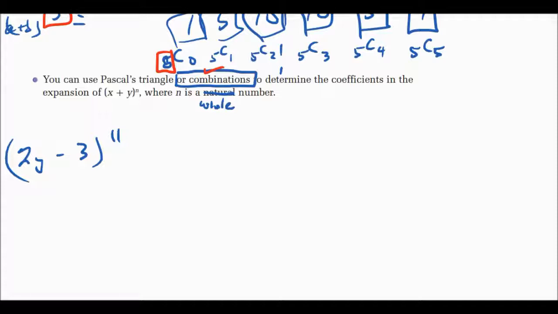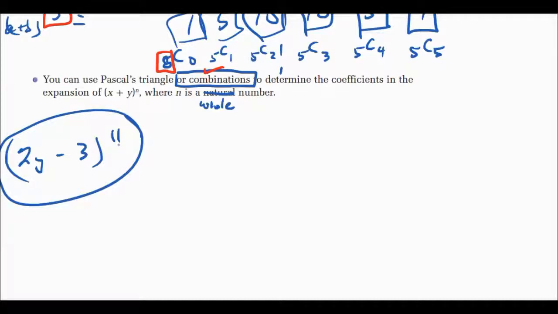Because you'd have to multiply (2y - 3) times (2y - 3) times (2y - 3), 11 times, right? So it would not be a good idea. We're looking for shortcuts. You do not want to manually expand this puppy out. It's not going to be fun for anybody. So if I can figure out how to write that expansion using mathematical patterns, that's what we're doing.